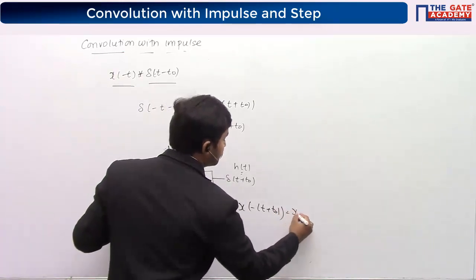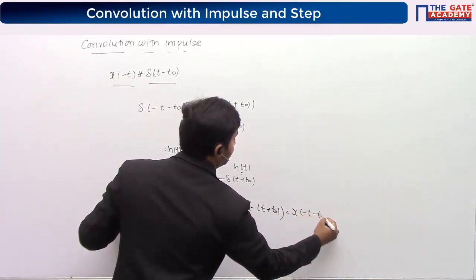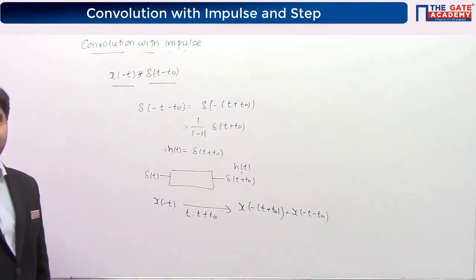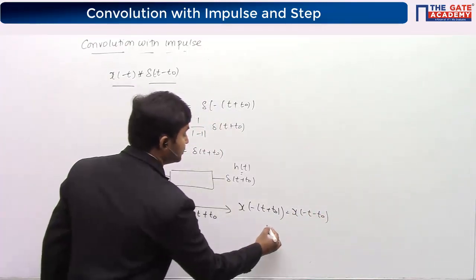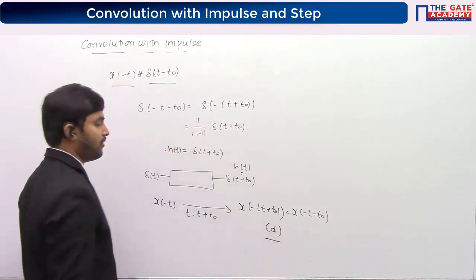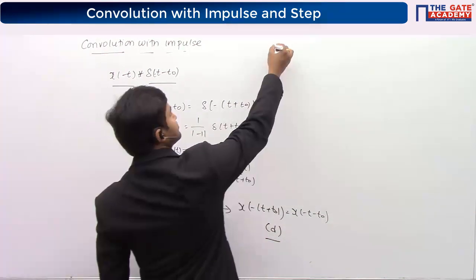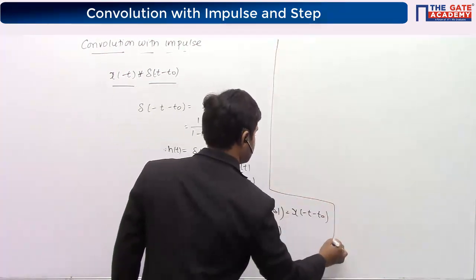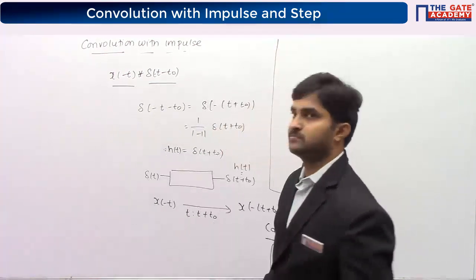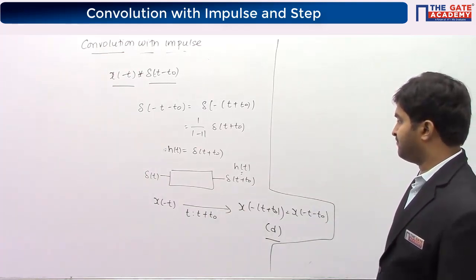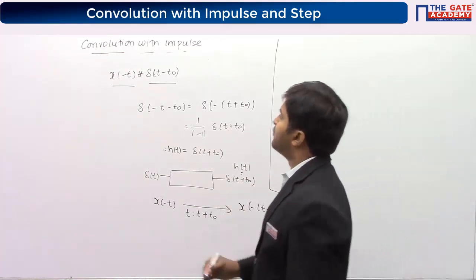So it will be x of minus t naught. So the answer for this question is option D. This is the approach 1 of solving it.